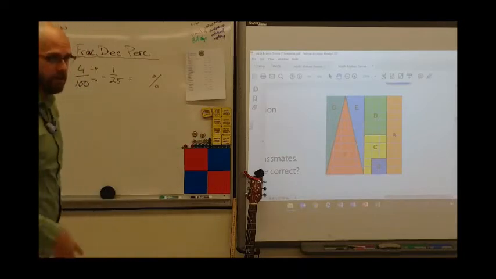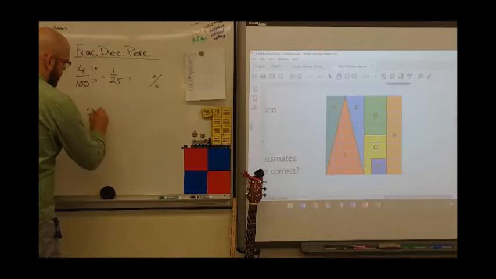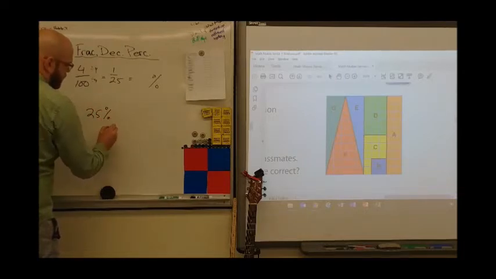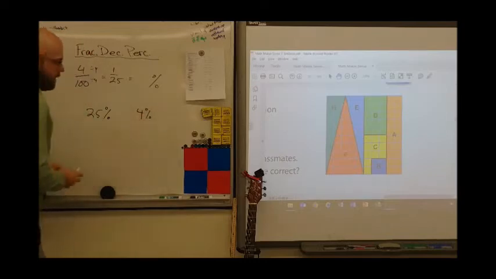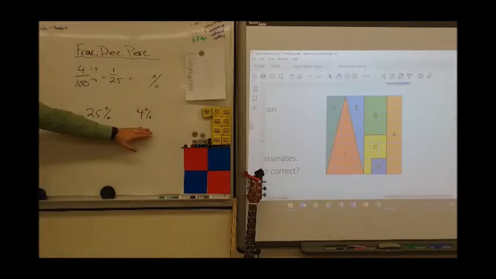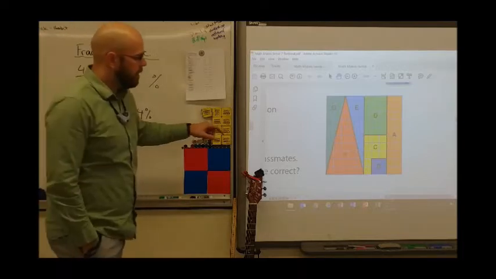Let's look at this one first. 25%. That's like a quarter of it, right? Are a quarter of these dark blue? No. Are 4% maybe, like a very small amount? Yeah.